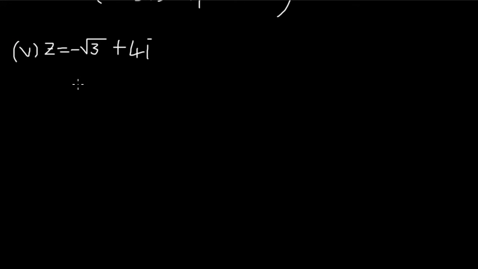So in the same way, you first have to find r, the same way we've been doing these previous questions. So r is nothing but the square root of negative root 3 squared, and then plus 4 squared.